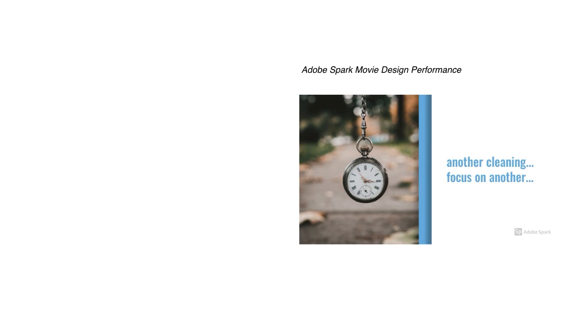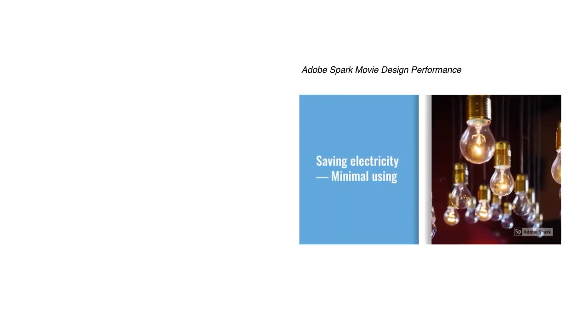You can do another cleaning or focus on another. Smart Vacuum has lower consumption and can be used with easy-to-use power. In addition, you can schedule cleaning to reduce power consumption during low power nights.